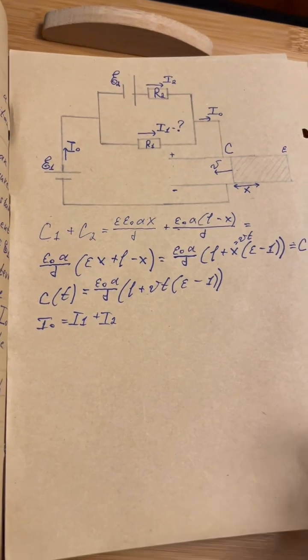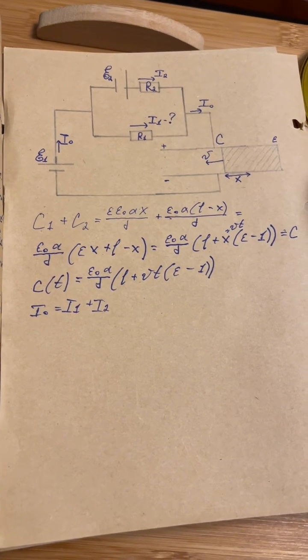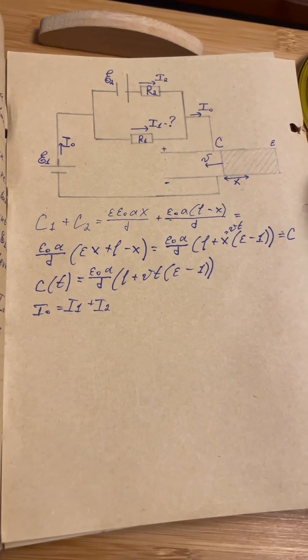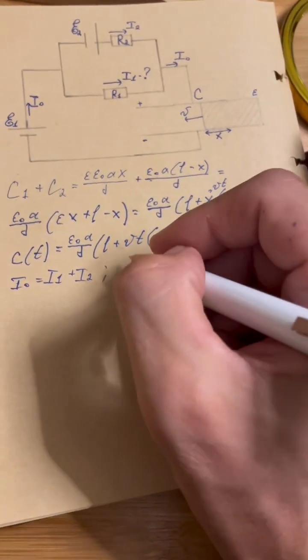You can think about it as the second Kirchhoff's law, as the conservation of energy law, or you can think about it in terms of potential. Anyway, you will get the equation like this.